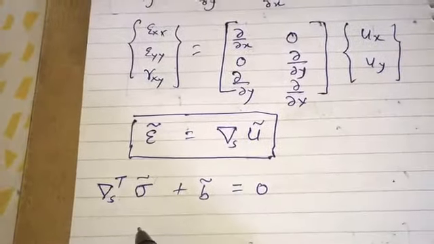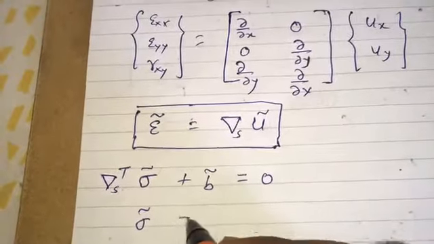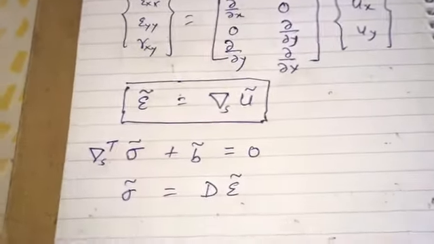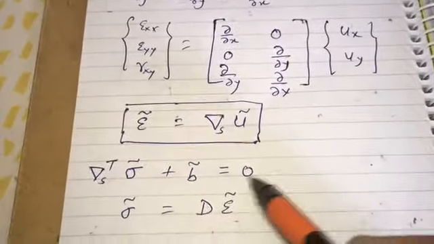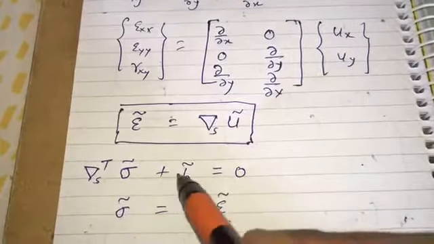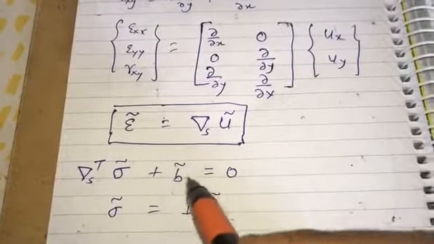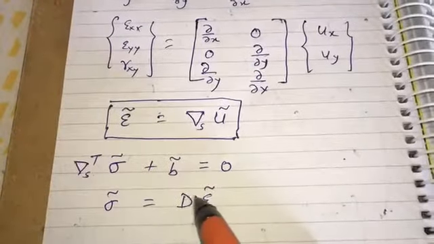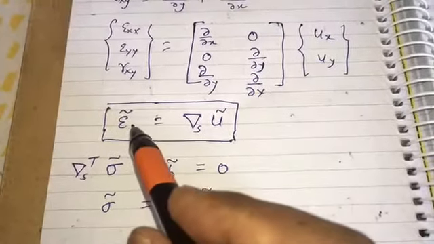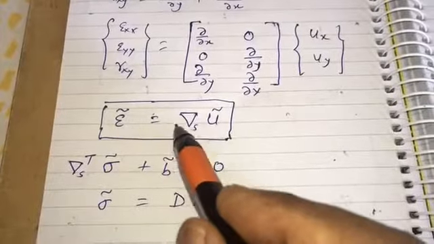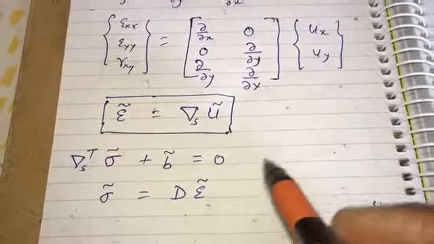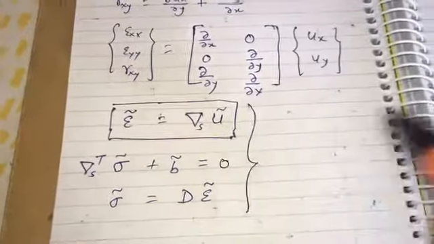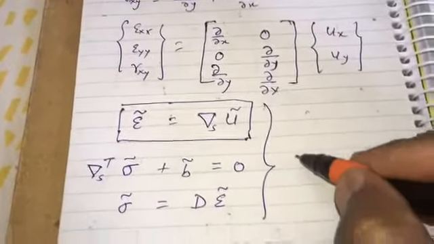Then we had sigma equal to D epsilon, which is the relationship between stress and strain, and this is the strain relationship with the displacement. So all these combined are the strong form.